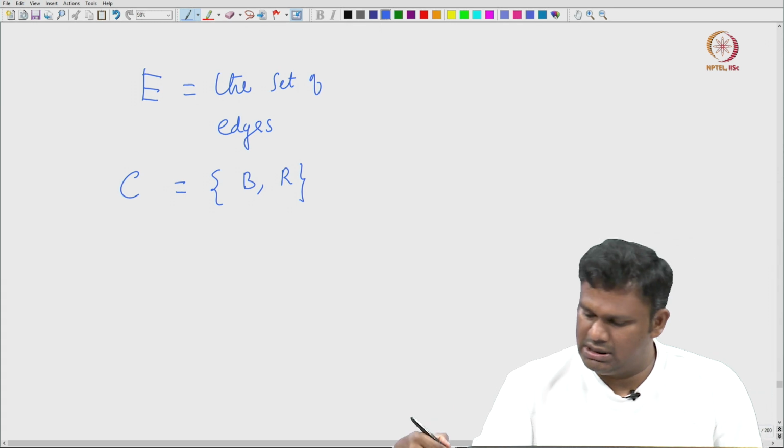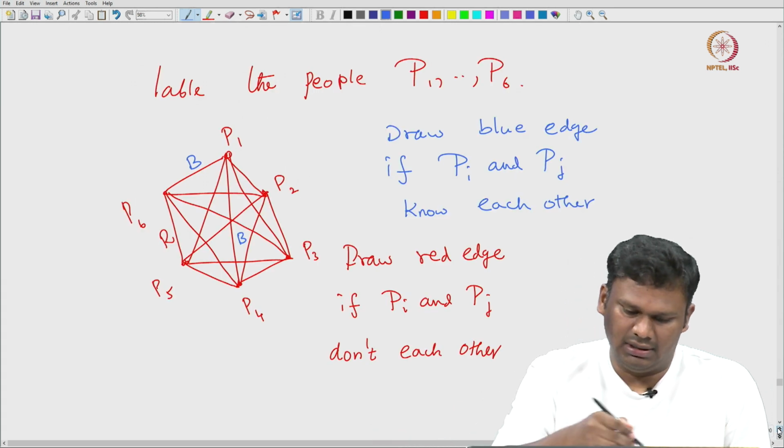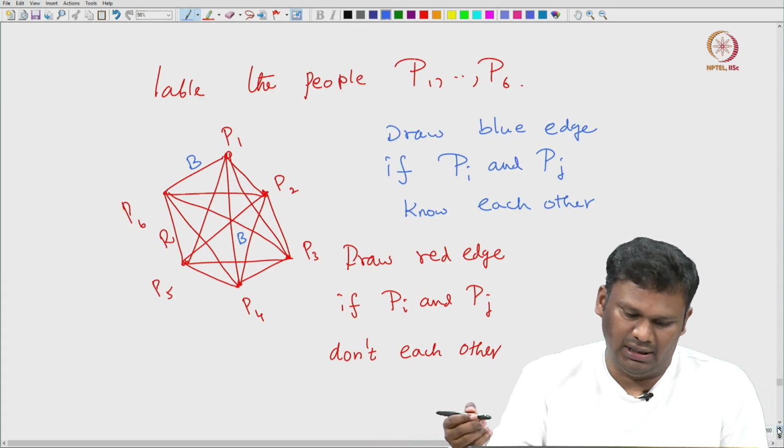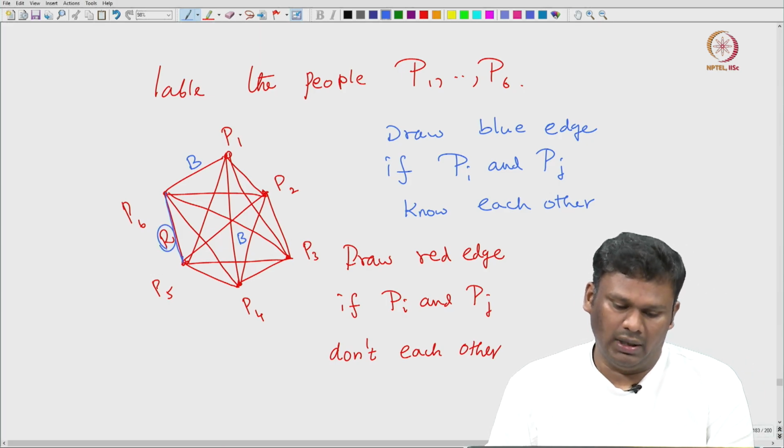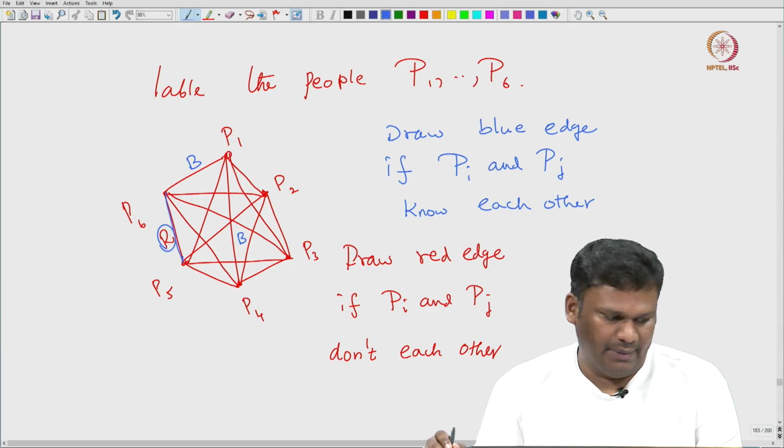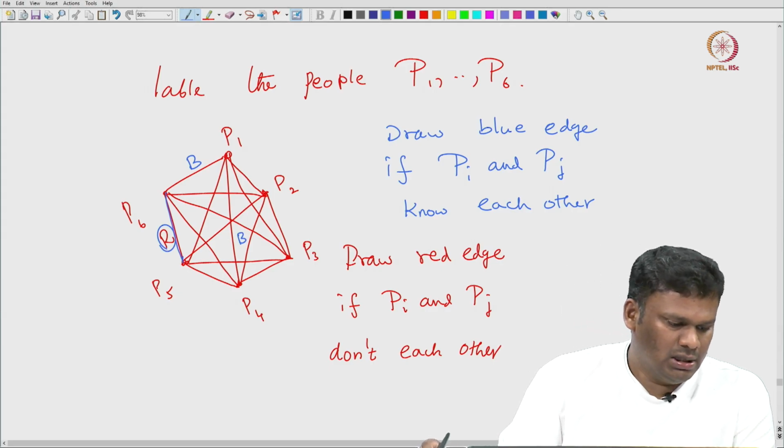So, each edge I have assigned blue or red. So, that is the assignment that we have done here. Okay. So, we have taken an edge and then we have labeled it either blue or red. So, that is the assignment, that is the mapping that we are talking about.